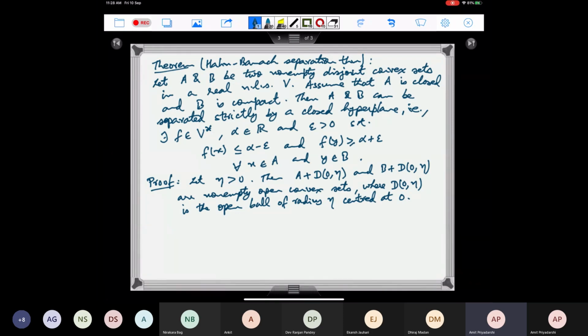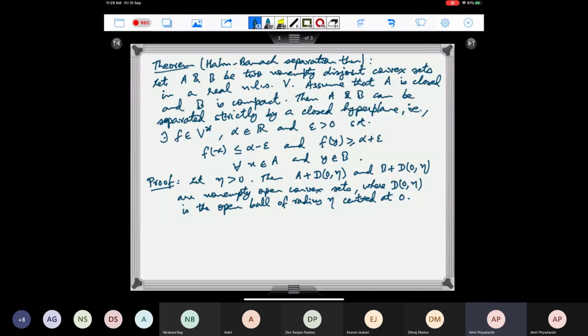Why are they convex? Because these are sums of two convex sets: A is convex and D0 eta is also convex, and the sum of two convex sets is again convex. So now we get non-empty open convex sets.